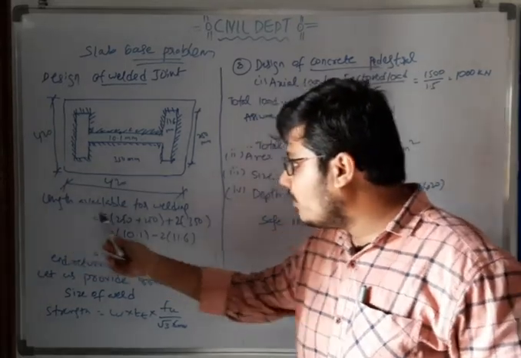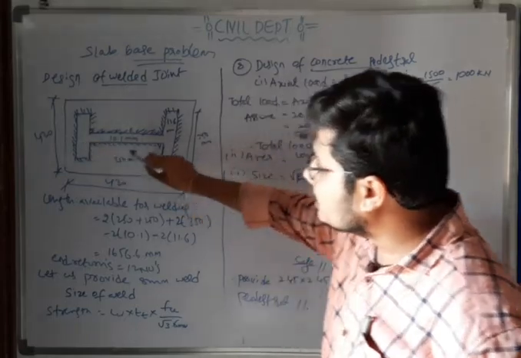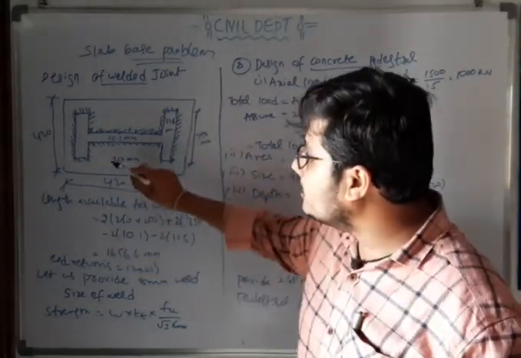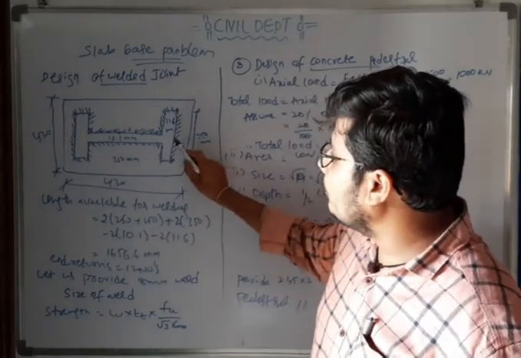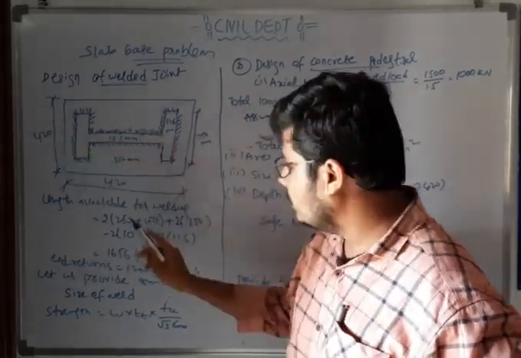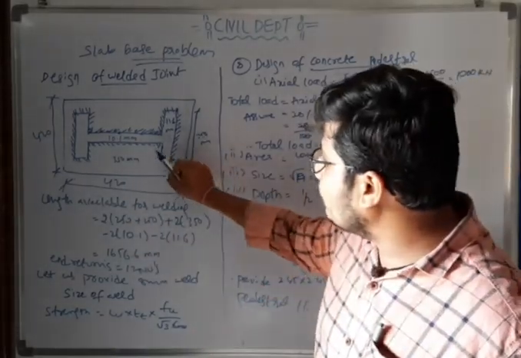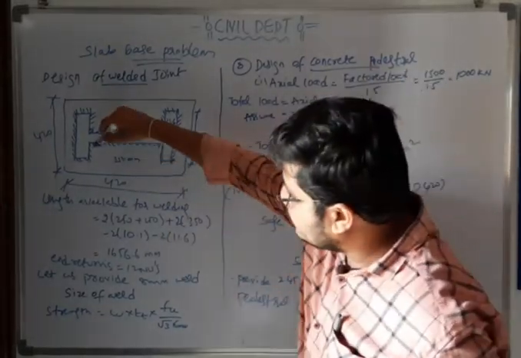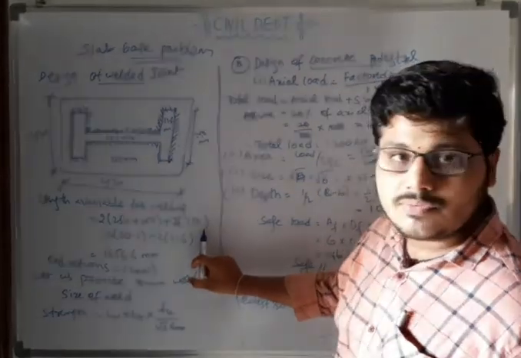The total ISHB section we have to weld. So how much total length? 250 plus 250 on two sides, so 2 into 250 plus 250. Next, the height, 350 plus 350, so 2 into 350.